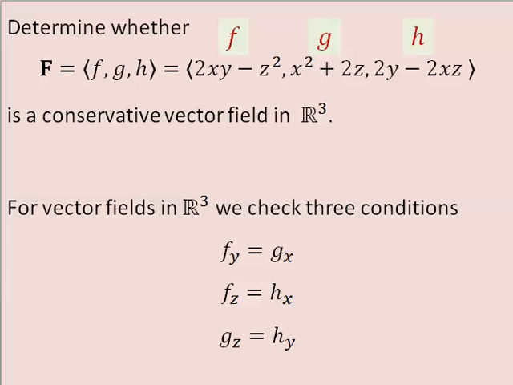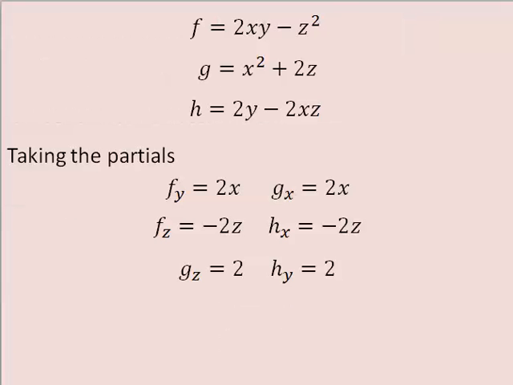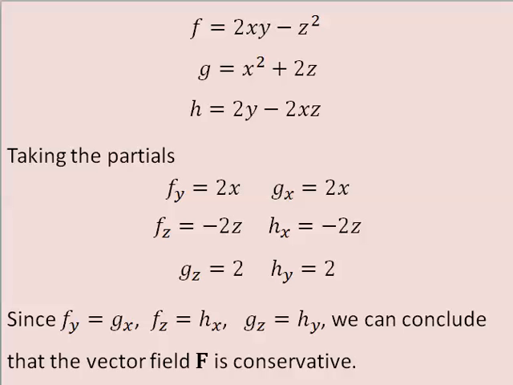So check all of that. That's a lot of partials to check. Taking the partials, this is what we get. And since the partials have that the right things are equal, we can conclude that the vector field is conservative.